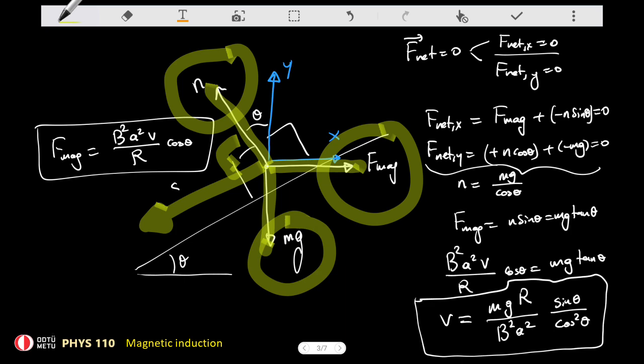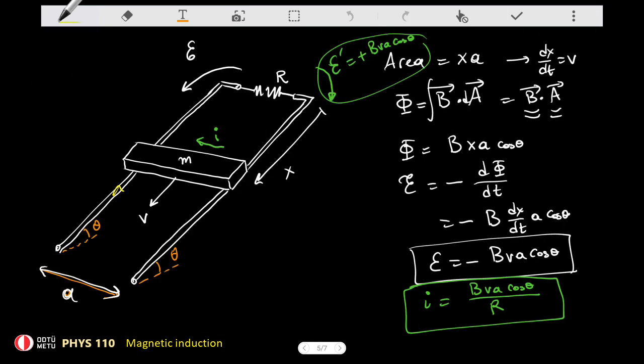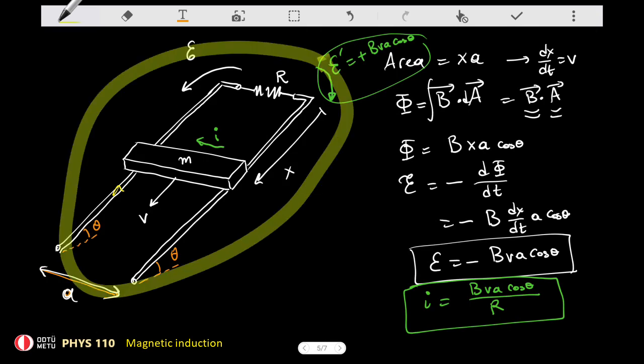I'm not considering the rail or the resistor within my system. But if I consider all of them together, if I consider the whole system, it appears that the power supplied by gravity is basically directly transferred to the bar, but of course, the energy doesn't stay there, so it is transferred elsewhere within the system.